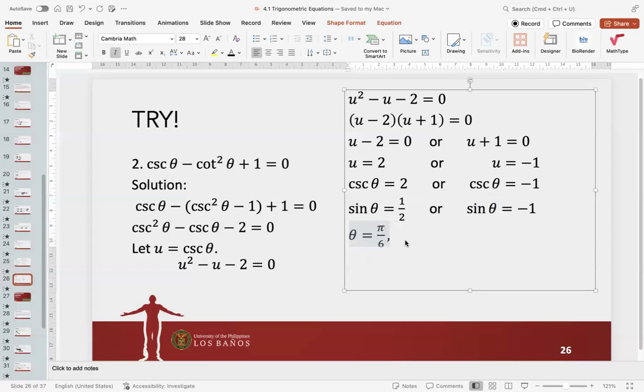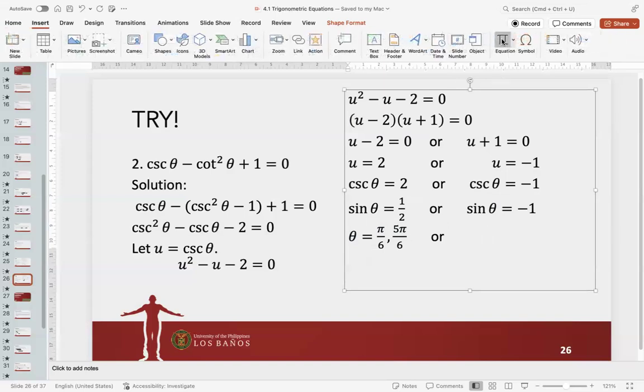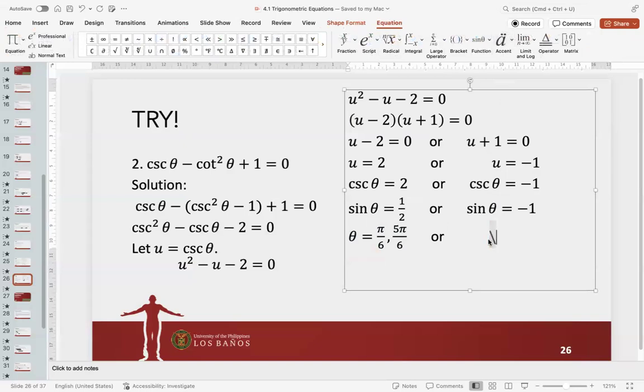And in the second quadrant, we've done this a lot of times in the previous example, so we know that the other answer is 5 pi over 6. And then for the second part of the solution, when is sine equal to negative 1? It's equal to negative 1 when we are on the negative y-axis. So that must be 3 pi over 2.